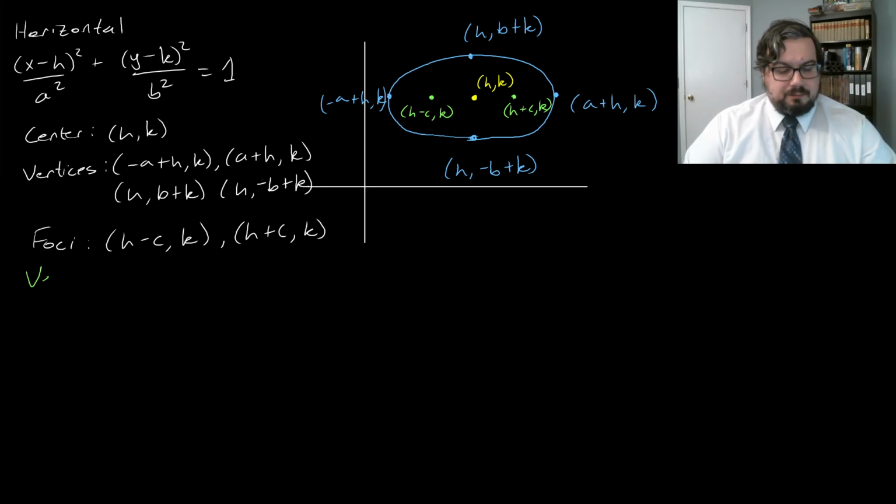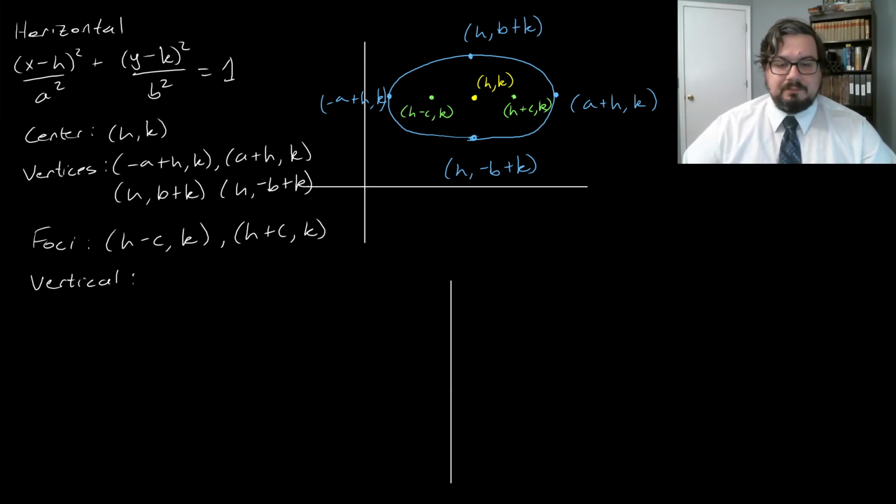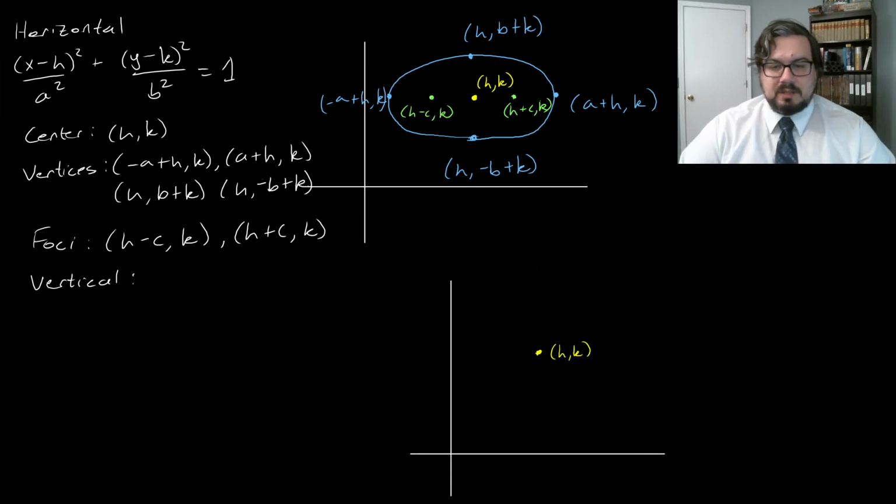And then for the vertical case, things are similar. The center at the point h comma k. And now our ellipse is oriented vertically.